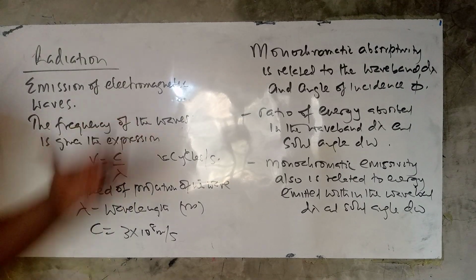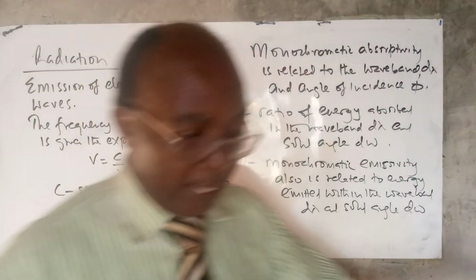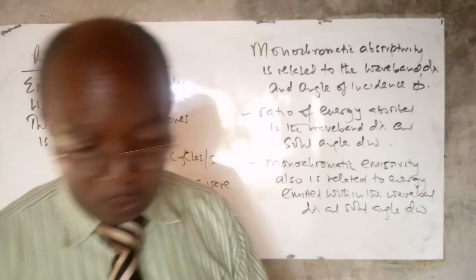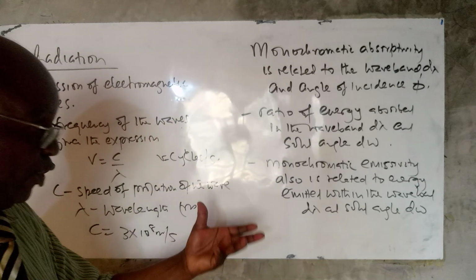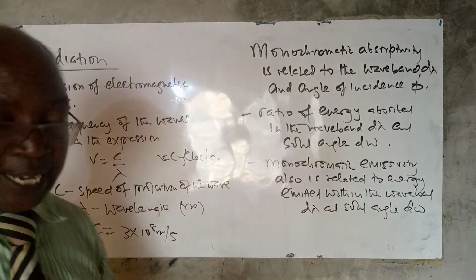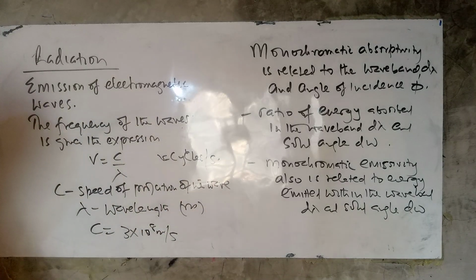And so those are ratios: energy absorbed within the waveband and that solid angle to the total incident energy in that waveband and solid angle, and so forth for monochromatic emissivity.